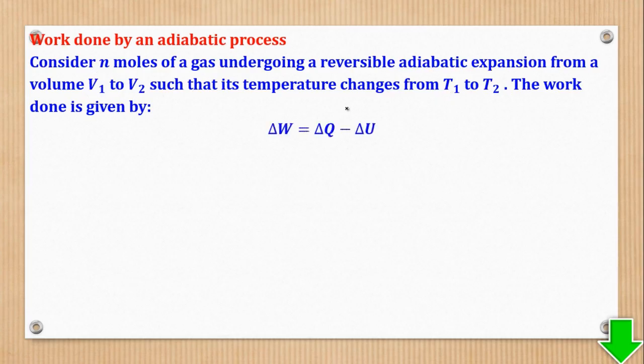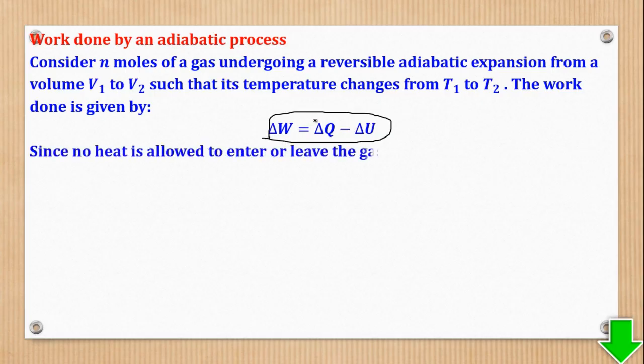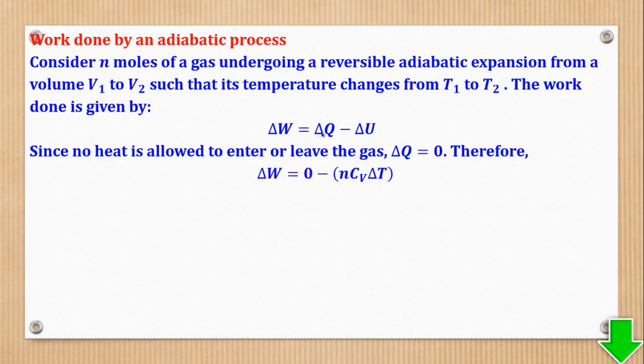So the work done will be given by this. So this is the first law of thermodynamics. It's what we're going to use. So you should remember that for adiabatic process, dQ is equal to 0. I think you remember that from the definition. So I'm going to substitute for dQ equal to 0 and internal energy, substitute with nCv times change in temperature.